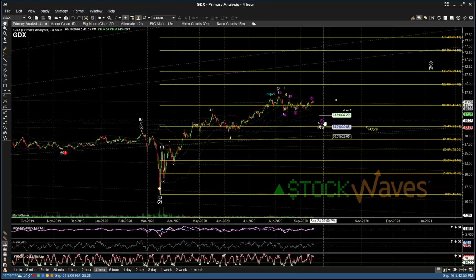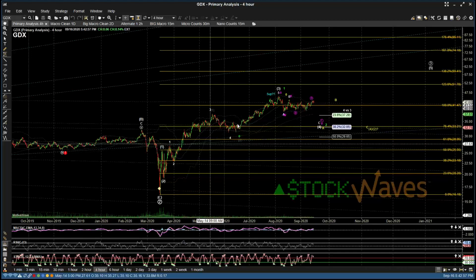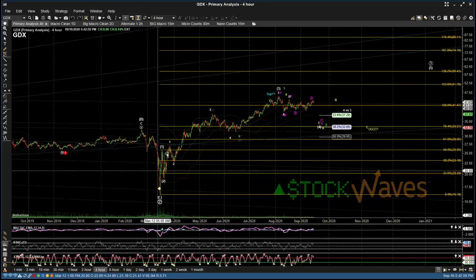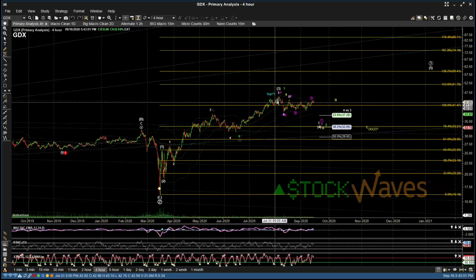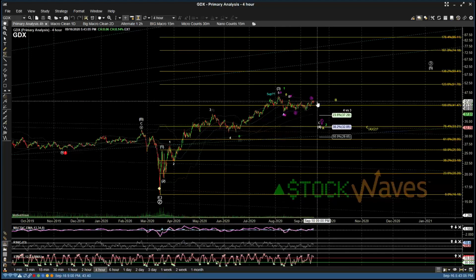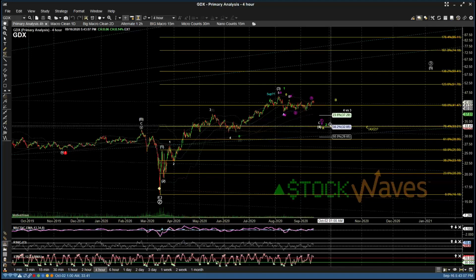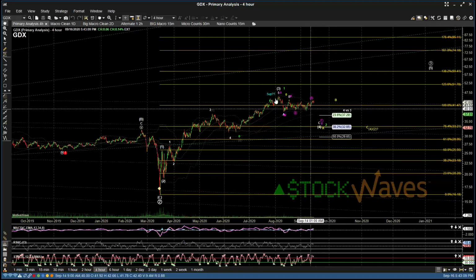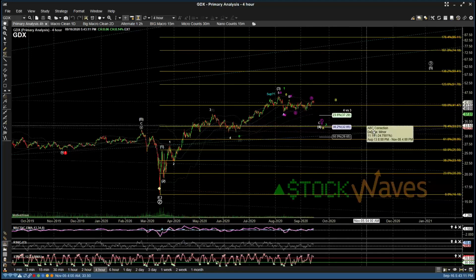In the miners, there are a number of miners where this counts as wave 1, 5 waves up from 2020 for wave 1 of a larger third, and this is an A, B, and needing a C of wave 2, or even an ABC for just A of a bigger wave 2.